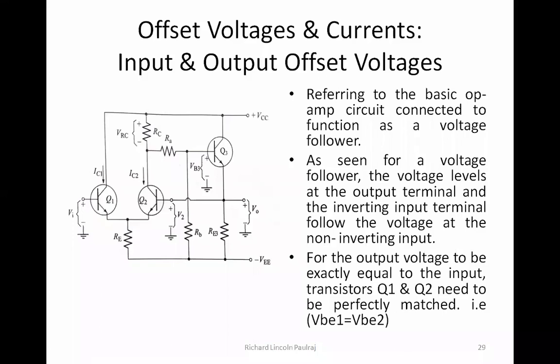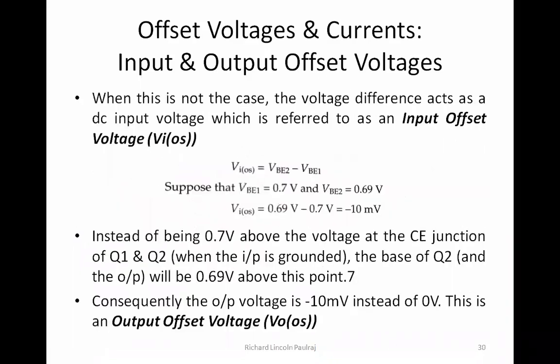Similarly, if I have to match these two transistors, Q1 and Q2, I have to make sure that the voltage levels are also the same. The base voltages of the first and the second transistors are to be the same. If in case they are not the same, then we see that the input and output offset voltages come into the picture.